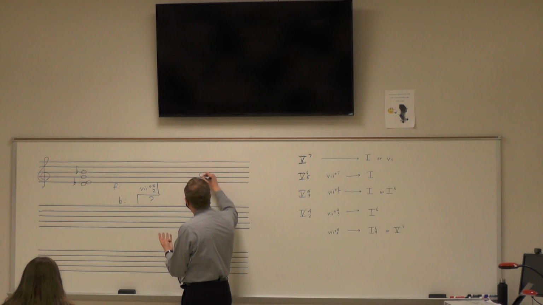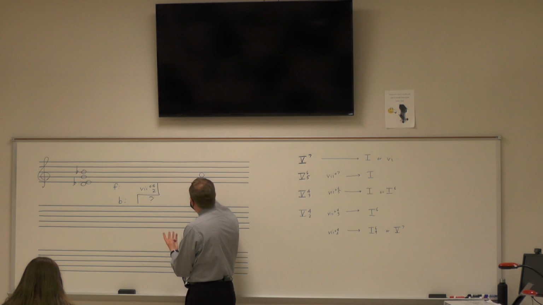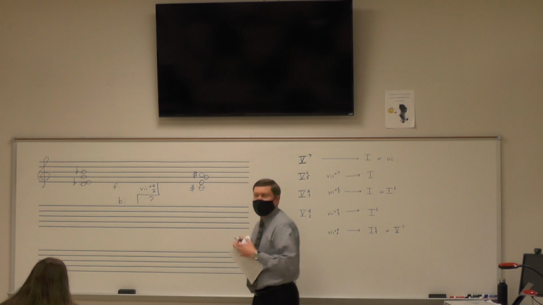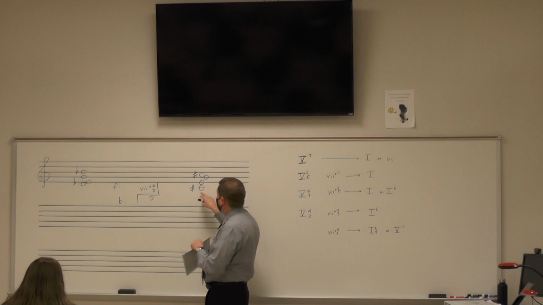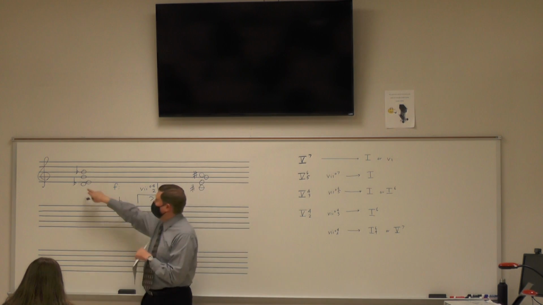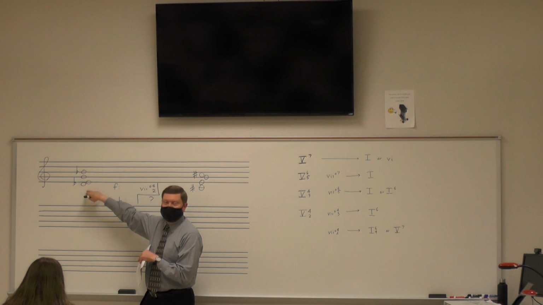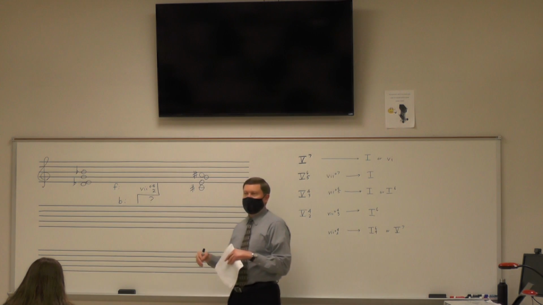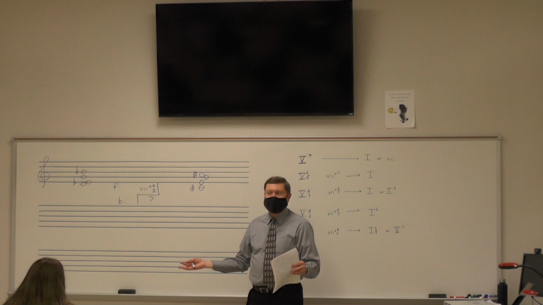Okay, so A sharp. Don't move the notes or rearrange them. The C sharp's going to be on the bottom. And E and G. You see how this chord, if I got the accidentals right, sounds exactly like this one. And if I were to play it on the piano, you can't hear the difference.